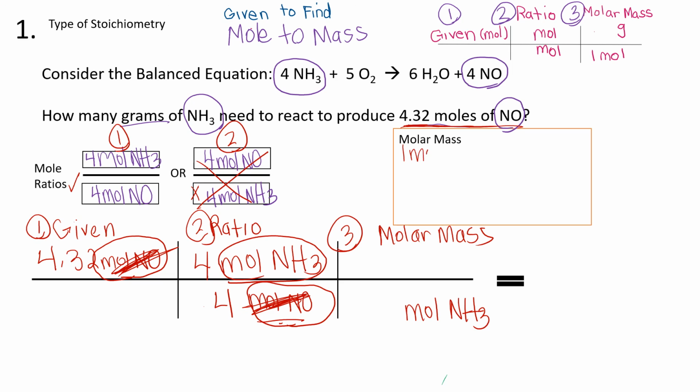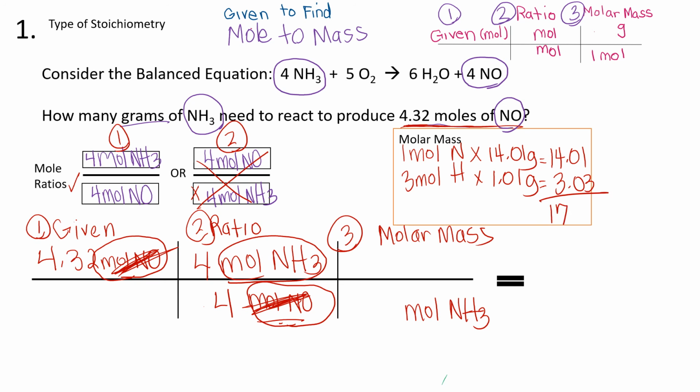So we have 1 mole of nitrogen and 3 moles of hydrogen. So nitrogen, the mass on the periodic table is 14.01 grams. And for hydrogen, the mass is 1.01 grams. So when I multiply those, you have 14.01. And when you multiply the hydrogen part, it's 3.03.